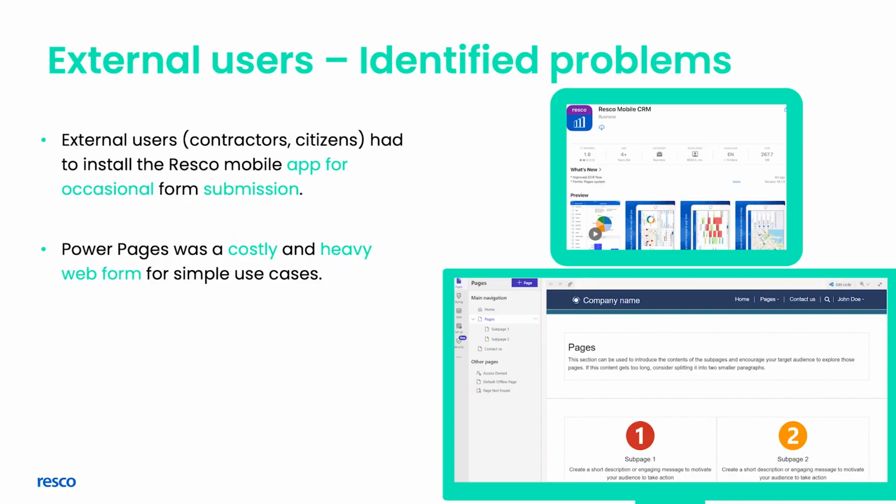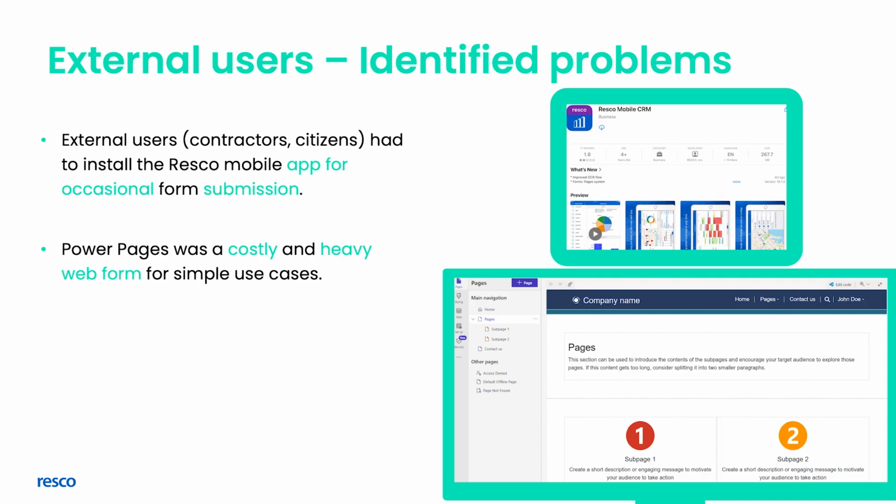Some of you already know that we have been focusing on external users for some time. And that's the reason. We understand that in the case of contractors or citizens who need to collect data in the form just once or maybe a few times a year, it's too complicated to install the Resco mobile application.